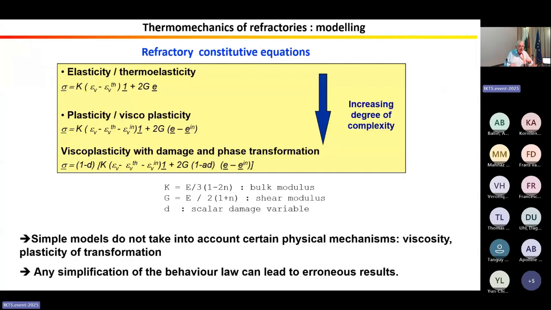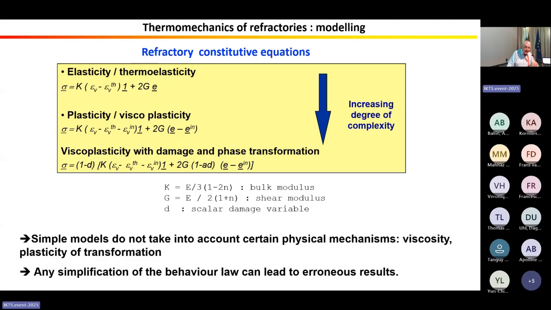So, to describe the behavior of the refractories, we need a constitutive equation. We have a very simple equation if we want to describe elasticity or thermoelasticity, but we can also introduce plasticity and viscoplasticity, and also we can introduce viscoplasticity with damage and phase transformation.